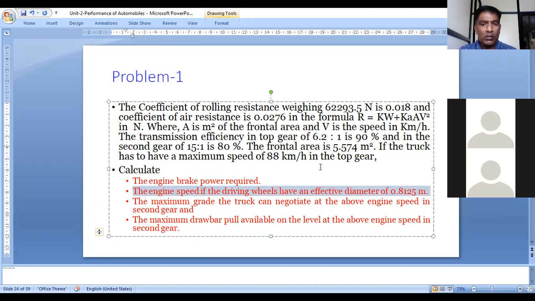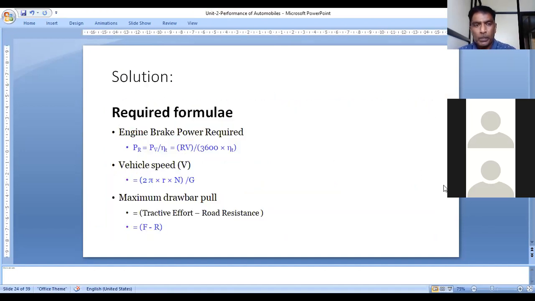So based on the statement, we need to write the data of rolling resistance, air resistance, the gear ratio and the transmission efficiency. Okay, so how to go for the solution?